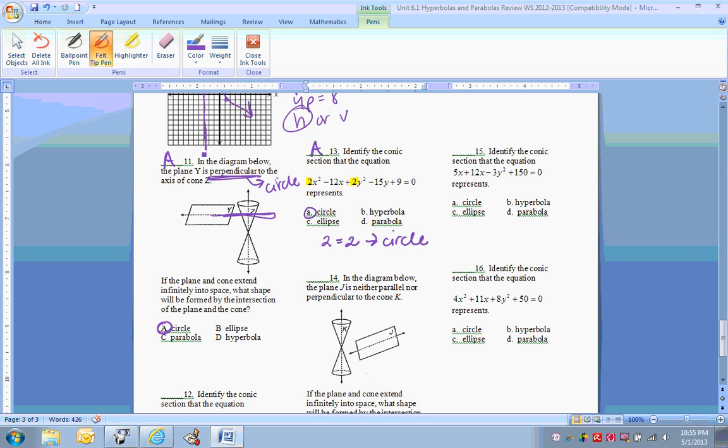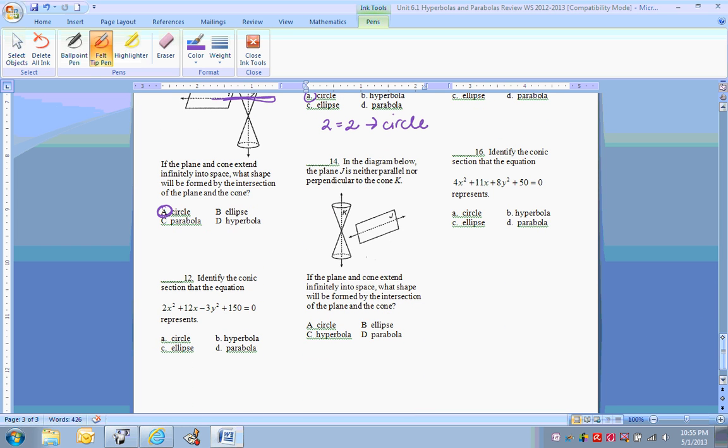Okay, so now I'm moving on to number 14. And it says, in the diagram below, the plane J is neither parallel nor perpendicular to the cone K. Well, I'm going to extend this axis.